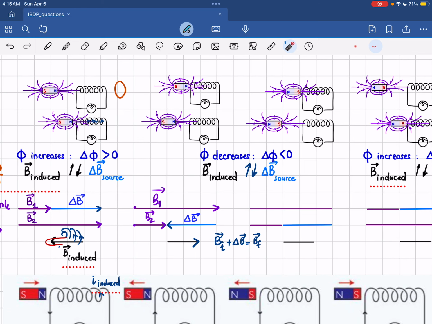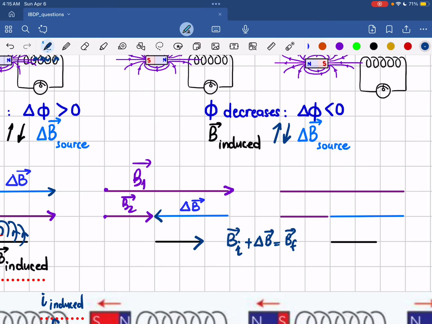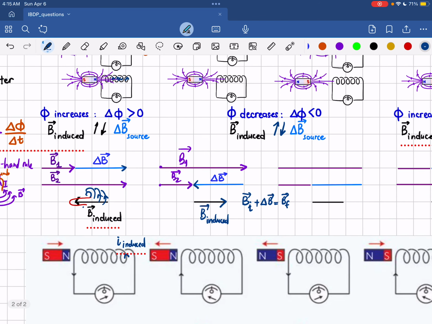Okay, so if the B induced is this way, this is the B induced, then what is the induced current? Now just use the right hand rule again, and you should have the thumb point in the direction of the magnetic field B, right? And then you will see that your hand will go in this direction, right?